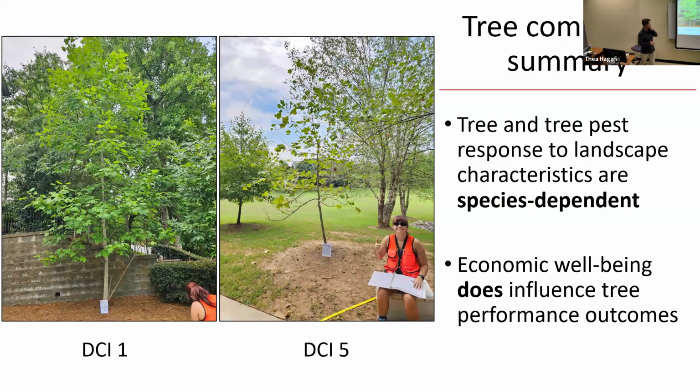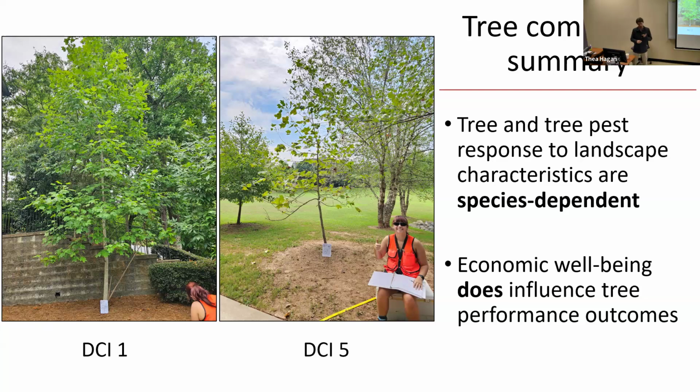And I think this photo gives you a good example of what that looks like. So here's a DCI 1 tulip poplar, DCI 5 tulip poplar, planted at the same size, at the same time, and that is an outcome based on the economic status of that neighborhood.